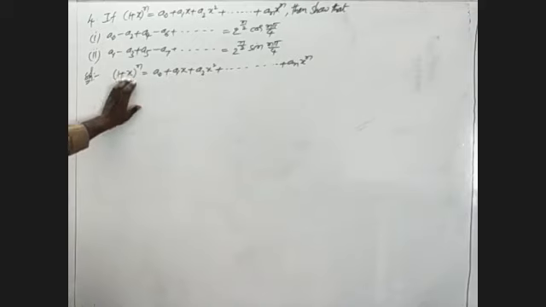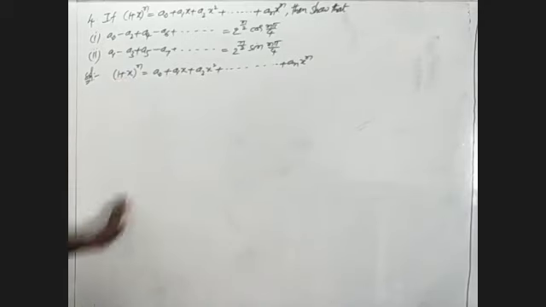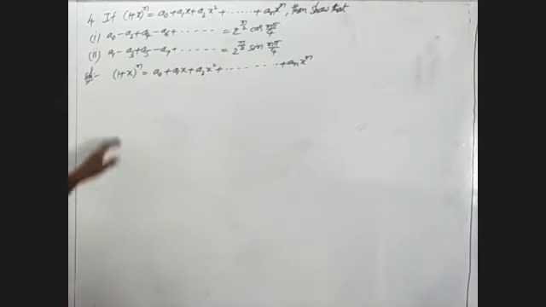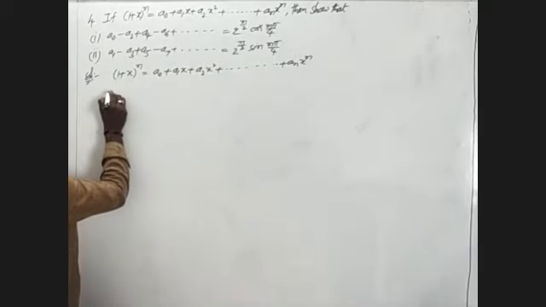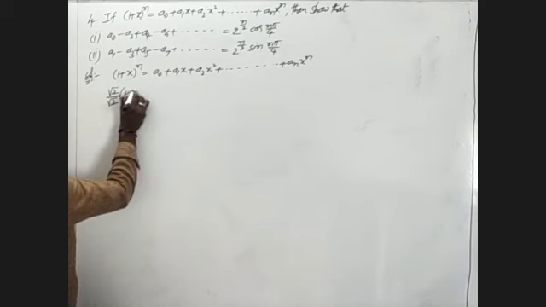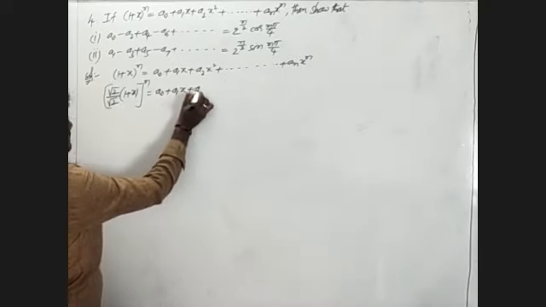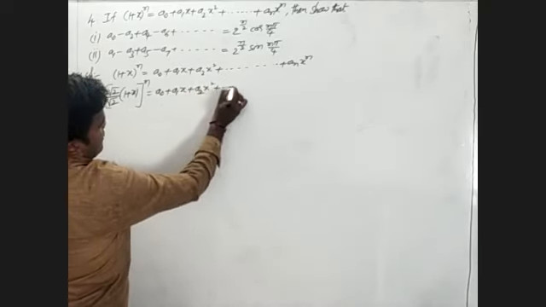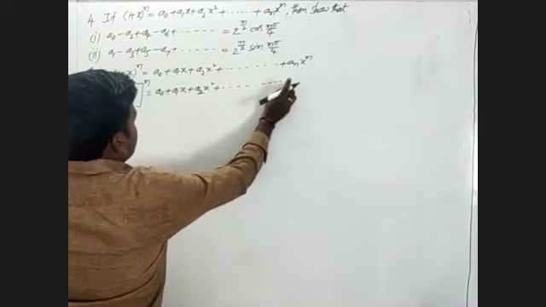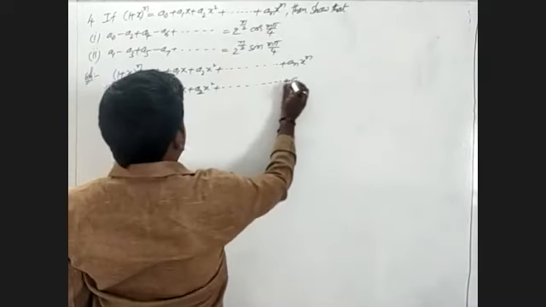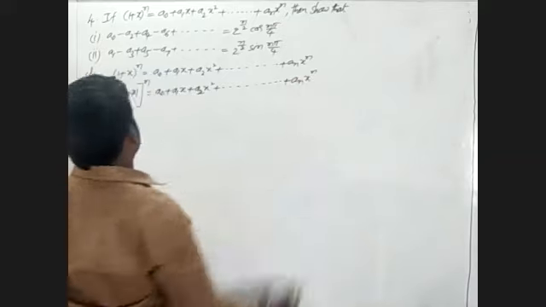Here I will take the numerator and the denominator with root 2. The numerator and denominator can be multiplied and divided by root 2, so I will write root 2 by root 2 into (1 + x)^n is equal to a0 + a1x + a2x² and so on plus an x^n.